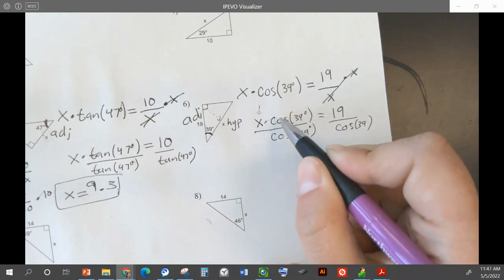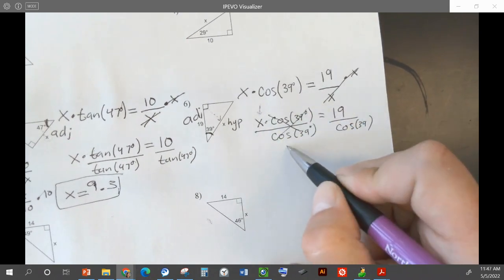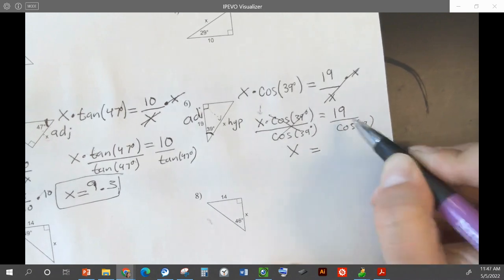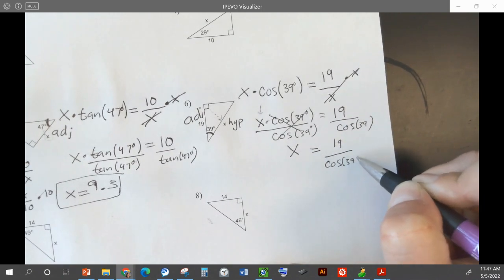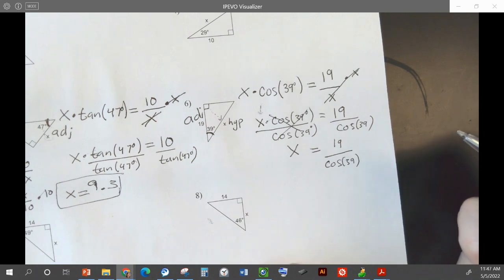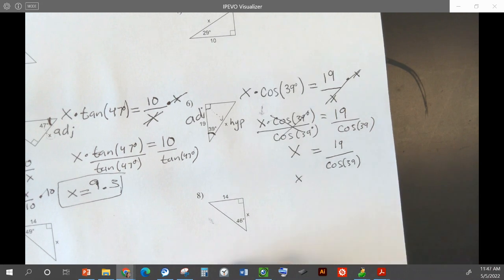And then x will be by itself. So now, cosine of 39 divided by cosine of 39, that gives us 1. So 1x is 19 over cosine of 39. So then we can plug that in.